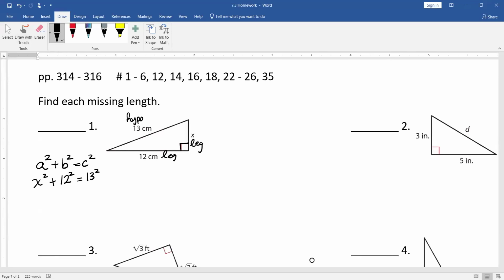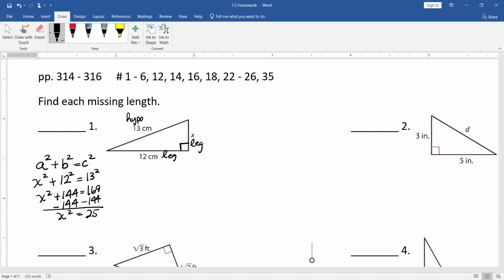And then let's go ahead and simplify this down. X squared plus 144 equals 169. So I'm going to go ahead and subtract 144. And so we get x squared equals, I believe that's 25.